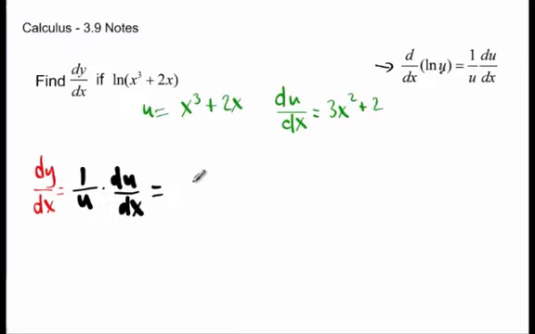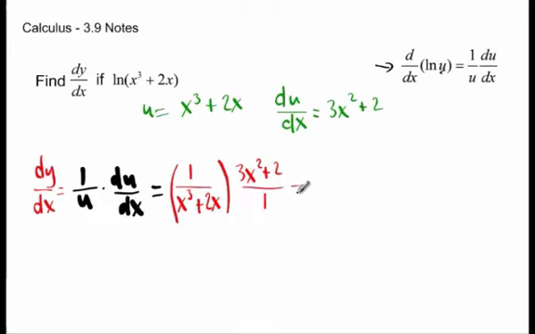Which would be 1 over x cubed plus 2x times 3x squared plus 2. And remember, when you multiply, everything's over 1. So my end result is going to end up being 3x squared plus 2 divided by x cubed plus 2x.